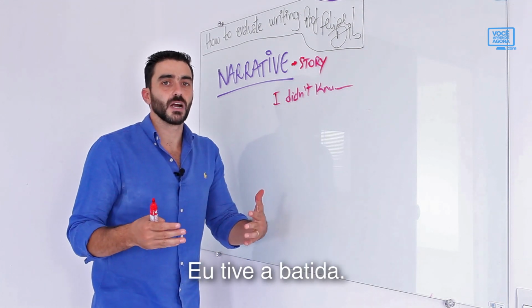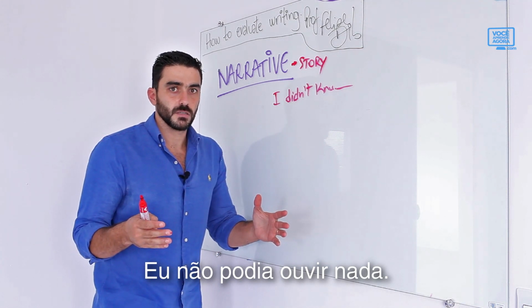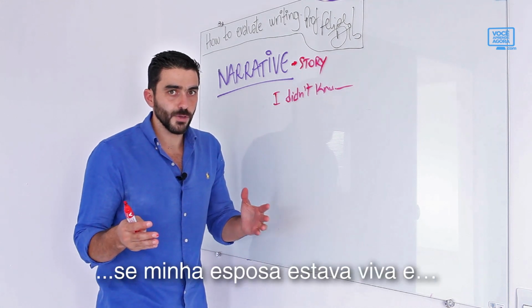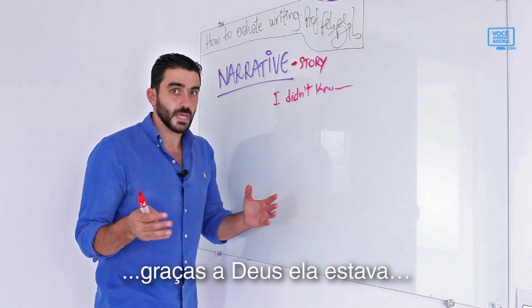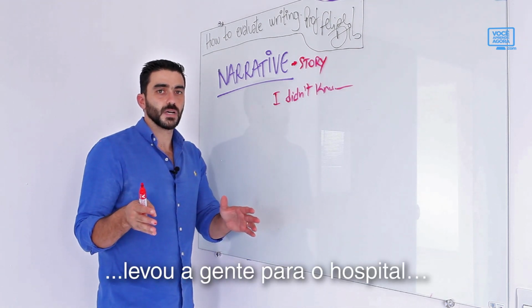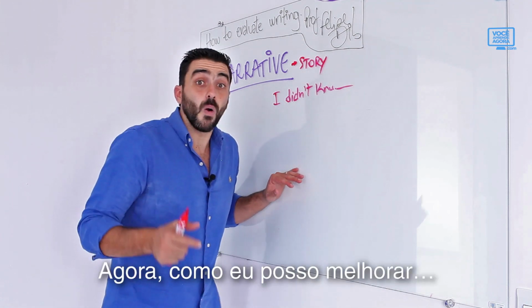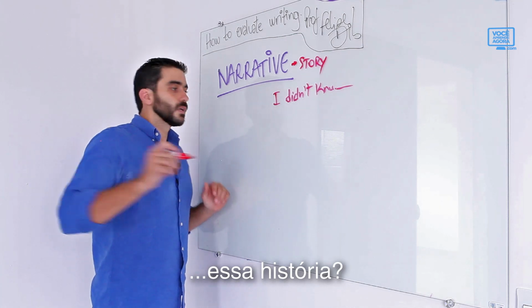I had the car crash. I was just trying to know if my wife was alive, and thank God she was. The ambulance took us to the hospital. Thank God we survived. Now, how can I improve this story?